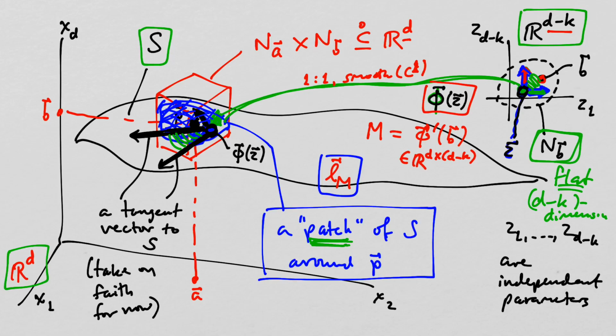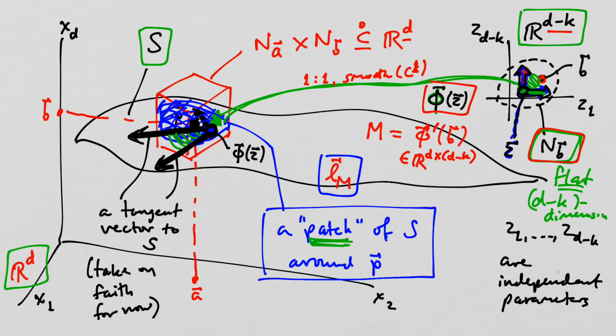But what you don't want to have happen is that you squish it up into a piece of string, a one-dimensional thing. So I want the dimensionality of my domain here to be preserved. And that means that two independent directions in the domain, such as this one and this one, should always map to two independent tangent directions.